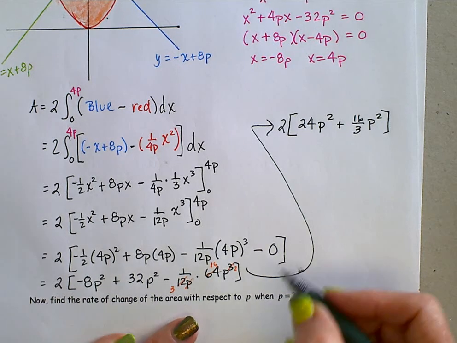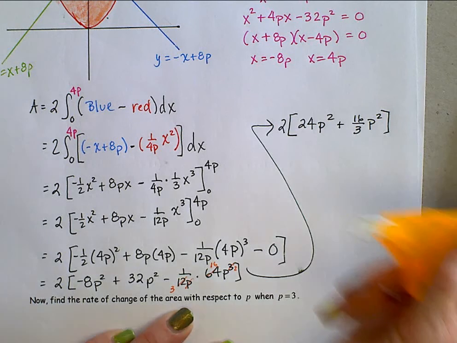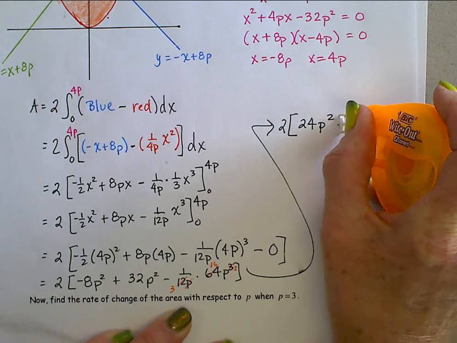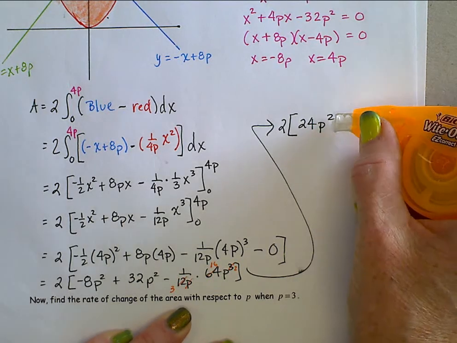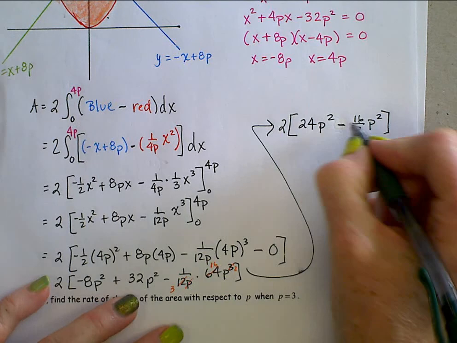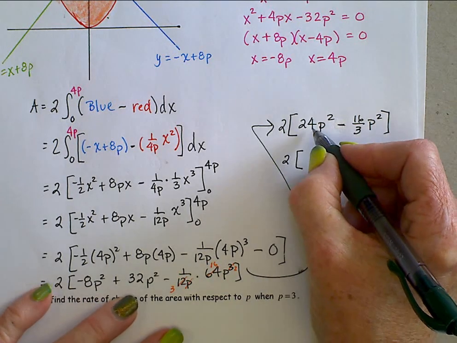Oh, it was minus there. I am going to go ahead and get a common denominator so I can subtract these as soon as I white out this plus sign. 24 times 3 is 72.